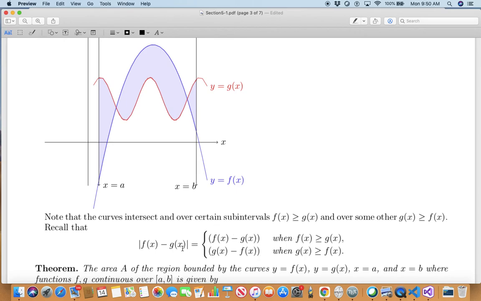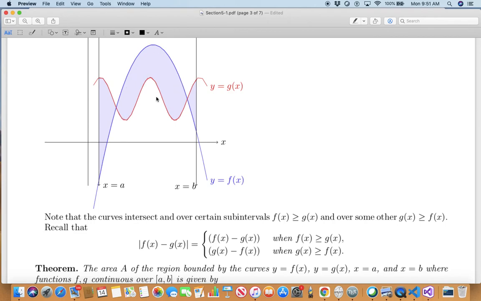On the other hand, if g(x) is greater than or equal to f(x), then this is the positive magnitude of this expression. So think about it, whichever is bigger comes first. That's what absolute value gives you. Whichever is bigger has to be written first. That's what gets you the area between the two curves. Higher curve minus lower curve, that integration gives me the area between these two.